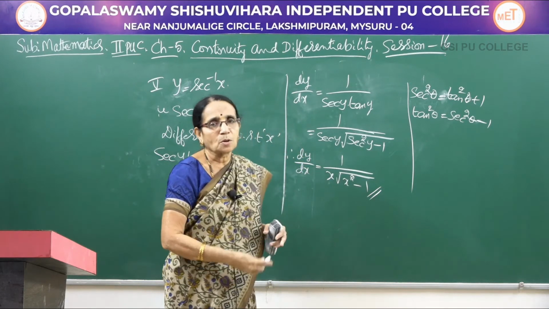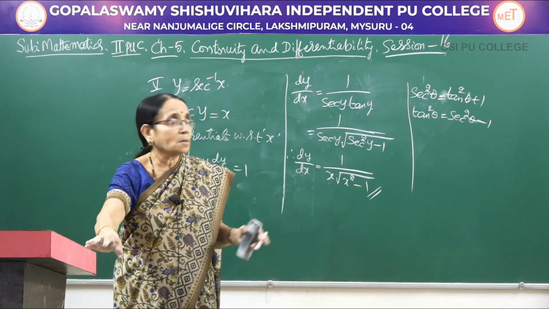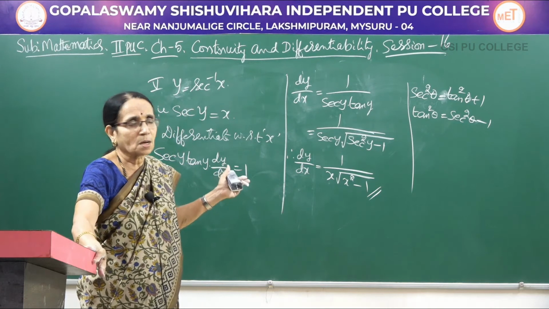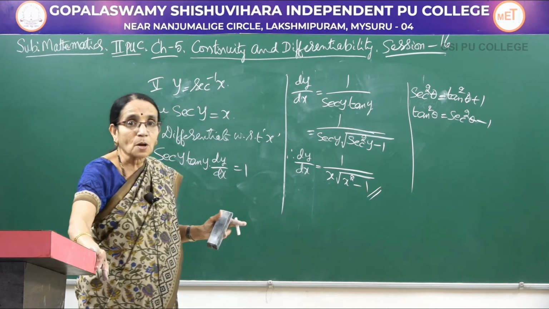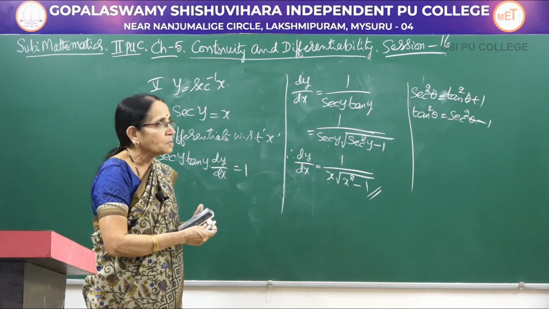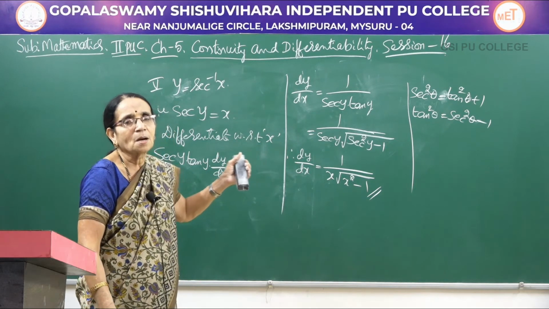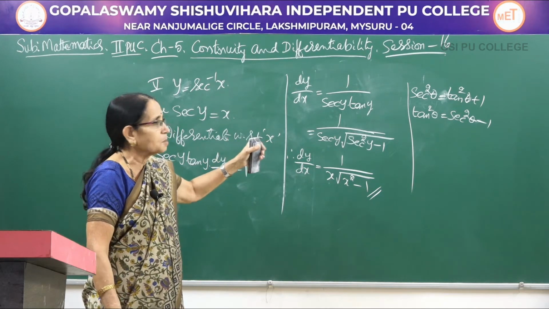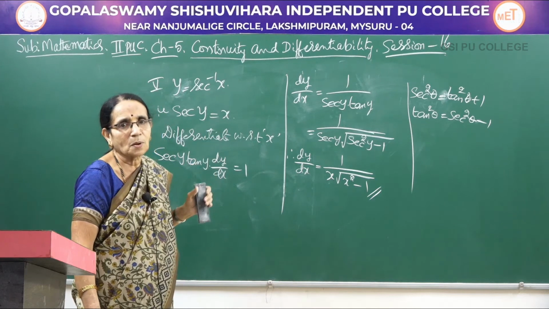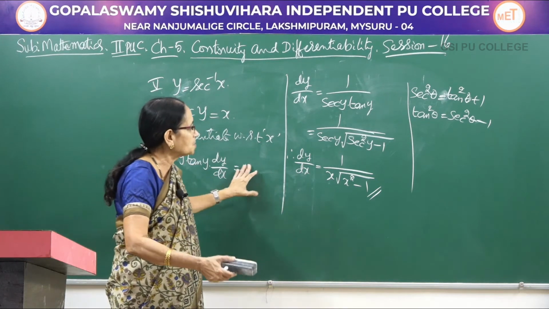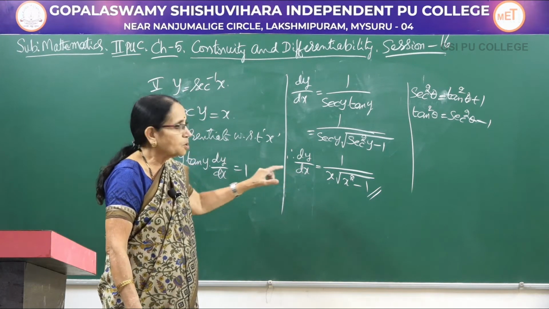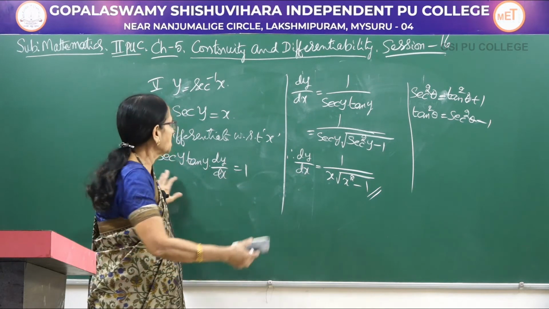So this is how you have to calculate. That's the difference in the derivation of this particular formula, because we are having a product of 2 functions here, and using the same identity we try to express both the terms in terms of the given variable x. So the formula becomes 1 divided by x into root of x square minus 1.